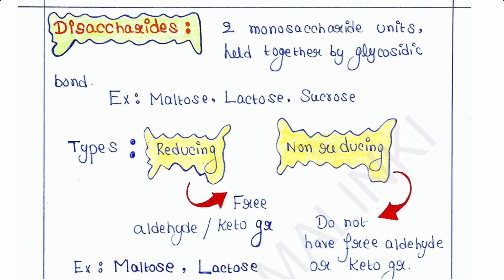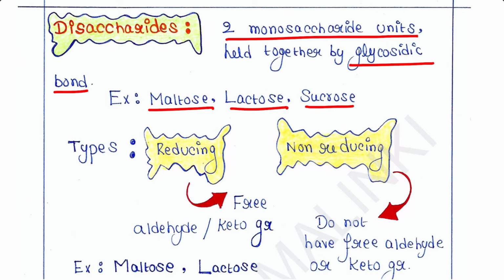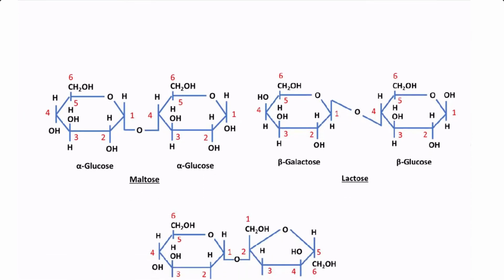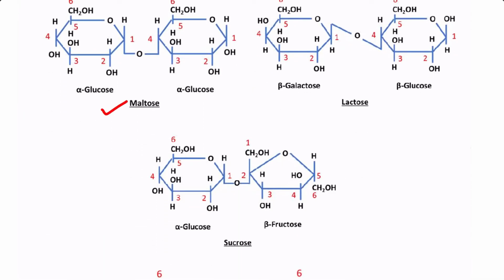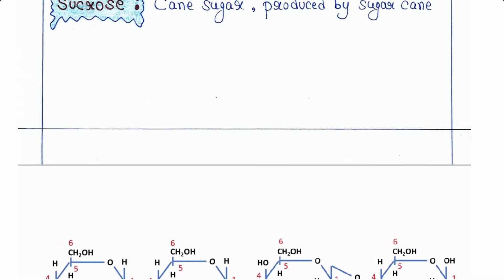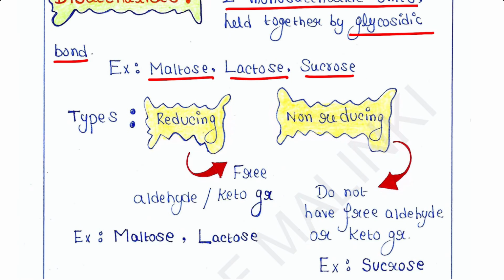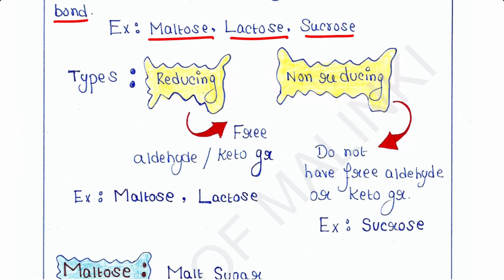Let's talk about disaccharides. They are composed of two monosaccharide units held together by a glycosidic bond. Example: maltose, lactose, sucrose. Let's see their structure. Now disaccharides are of two types: reducing and non-reducing.